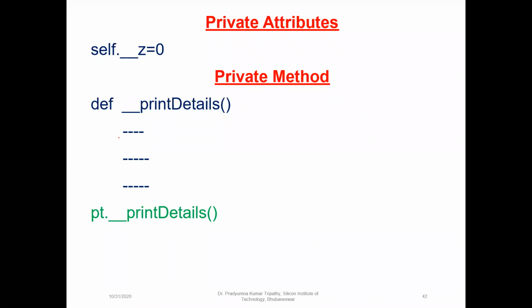Similarly, if you want to make some methods private, give 2 underscore symbols at the beginning of the method. Def __print_details. Suppose this is the method. So once I try to call object.__print_details, what will this give?